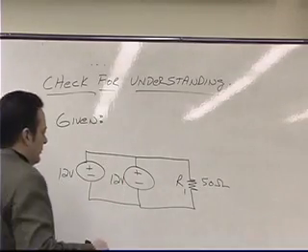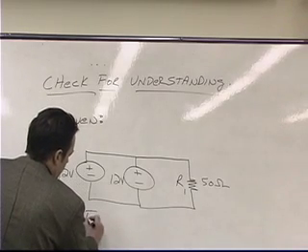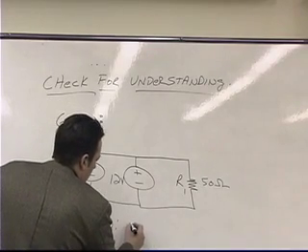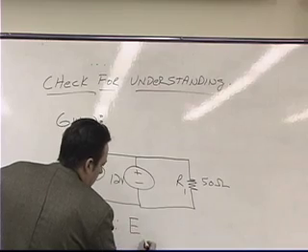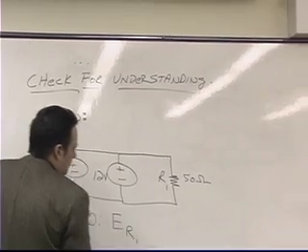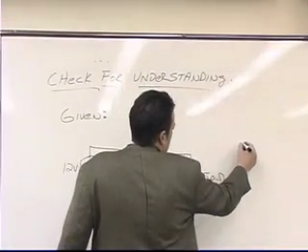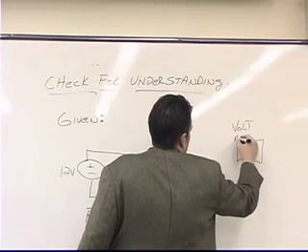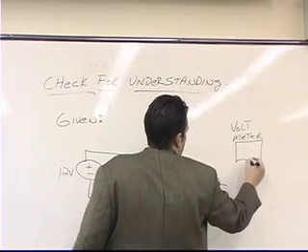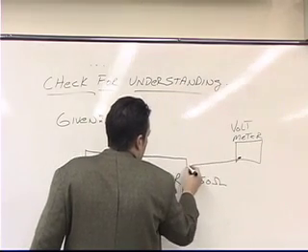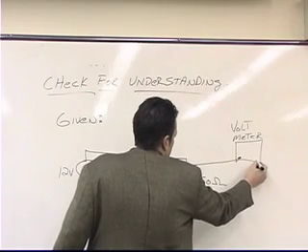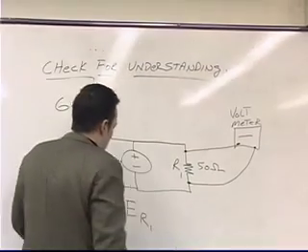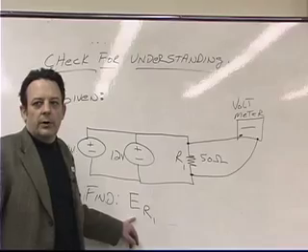Okay, this is what I want you to find. I want you to find the voltage across the resistor. If you were to hook up a voltmeter over here, let's say this is a voltmeter, and you were to take this voltmeter and hook it up right here and right here, what reading would you get on that voltmeter?